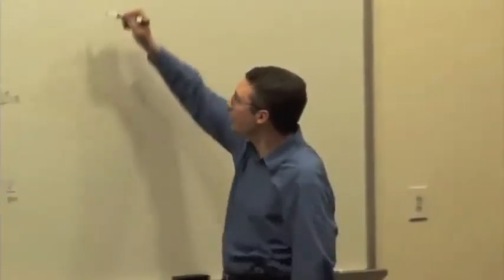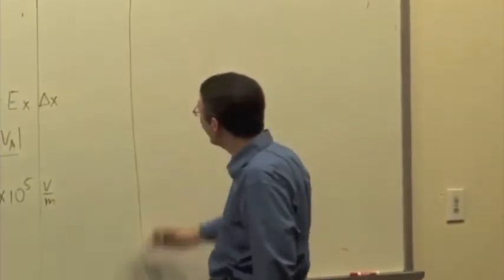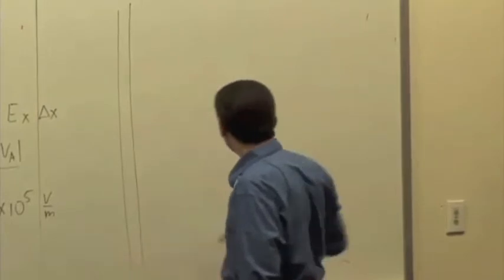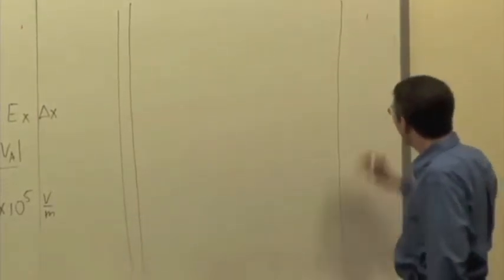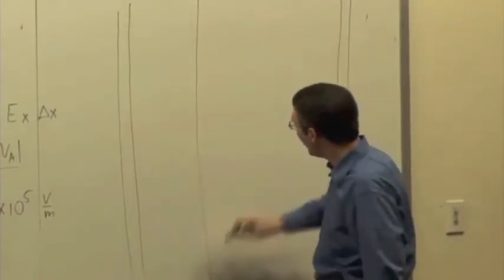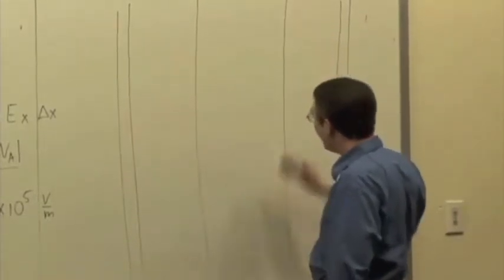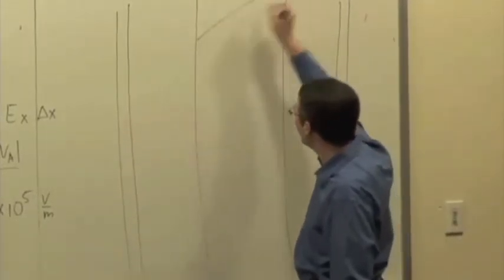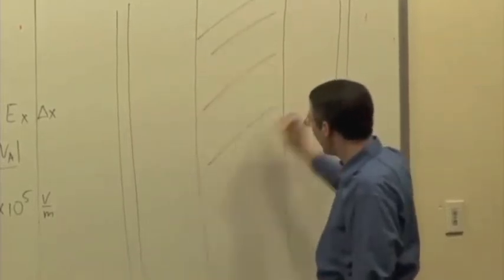Now, I've got the same capacitor, same charge on the plates, same distance between the plates, same everything, except I'm going to do one thing. I'm going to insert in between the plates a slab of metal. So I'm just going to put a great big parallel sheet of metal that has some thickness. This is metal here.